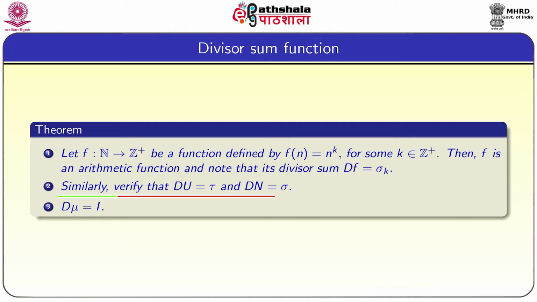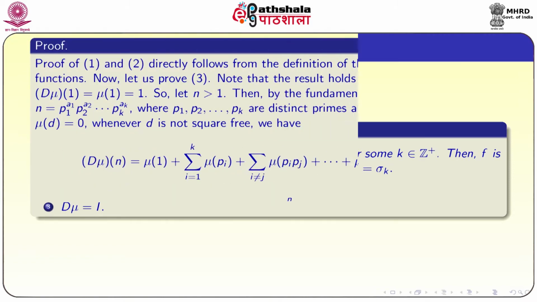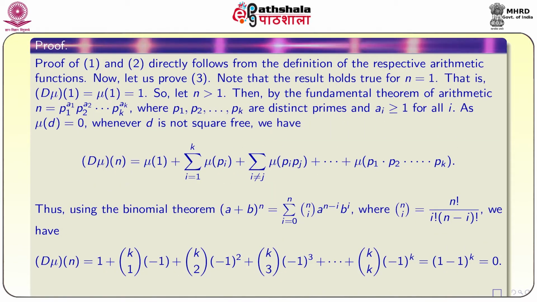Similarly, D of u is the tau function, D of n is the sigma function, and D of the Mobius function, D mu, is equal to I, which we defined earlier: I of n is equal to 1 if n is equal to 1, and I of n is equal to 0 whenever n is not equal to 1. The proofs of 1 and 2 follow directly from the definition.